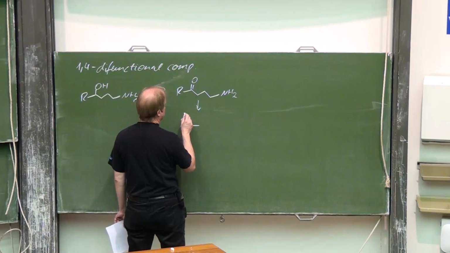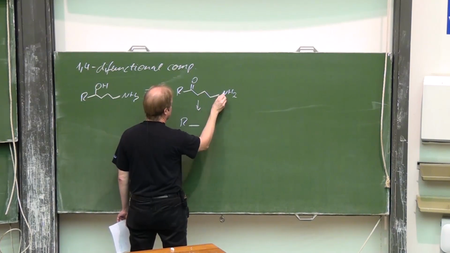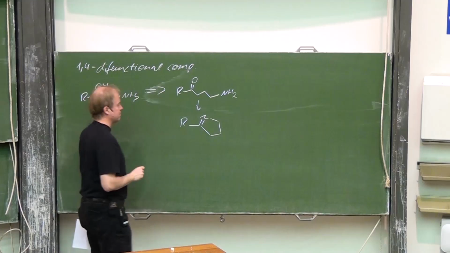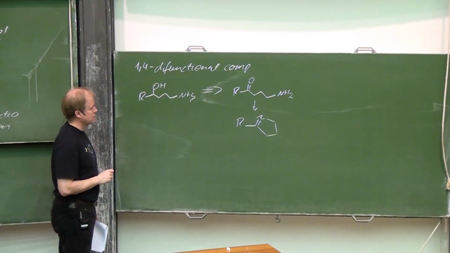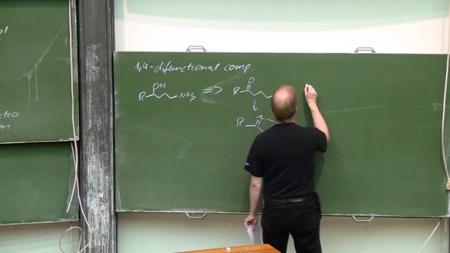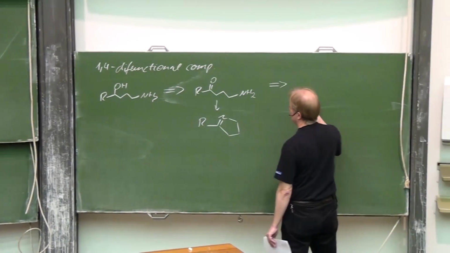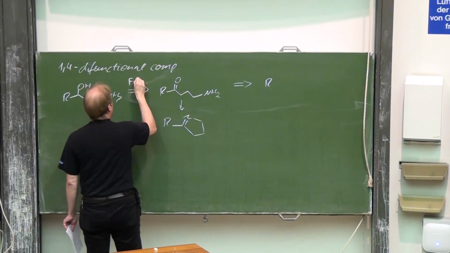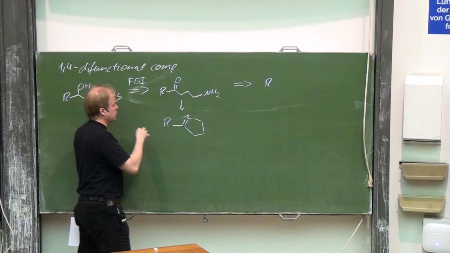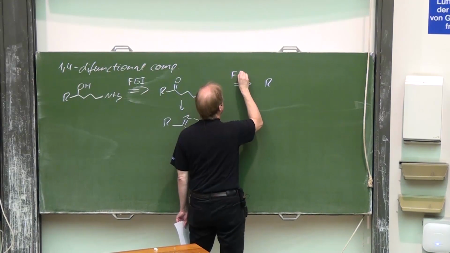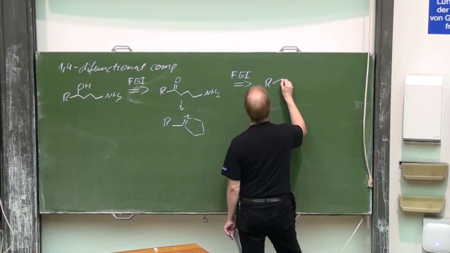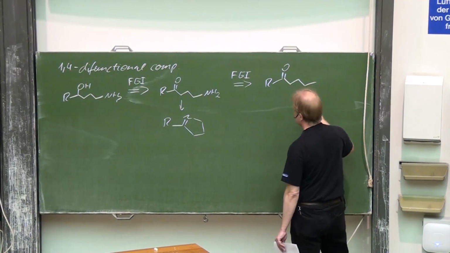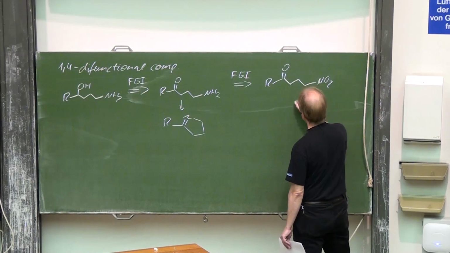This could give a condensation product. Like that. And here the idea is not only applying one functional group interconversion, but two. Also changing the oxidation state here.